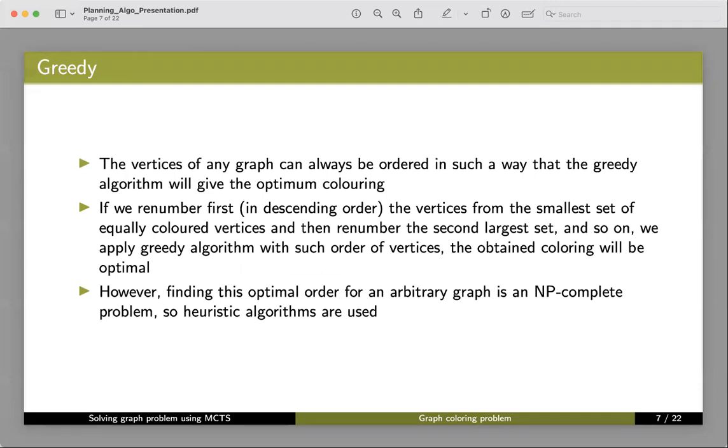And we apply the greedy algorithm with such order of vertices, and then we obtain a coloring. The obtained coloring will be optimal. But the main problem is that to do so, we get an NP-complete problem. So heuristic algorithms are used in this case.